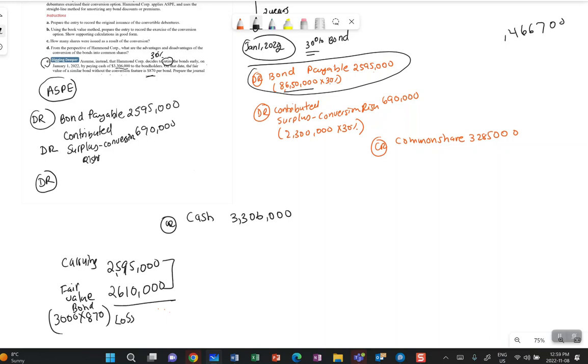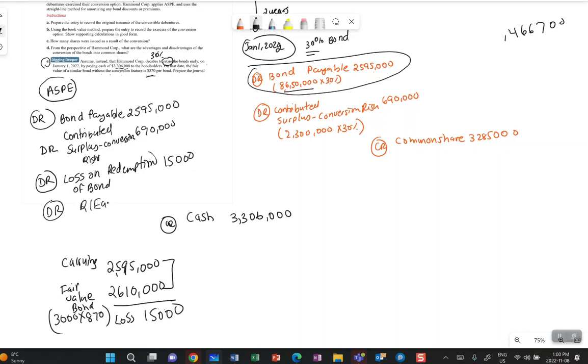How much is the loss? The difference between those two will give me the loss. In this case, the loss will be $15,000. So we will have a loss on redemption of bond, and that is 15,000, and the leftover will go to my retained earnings.